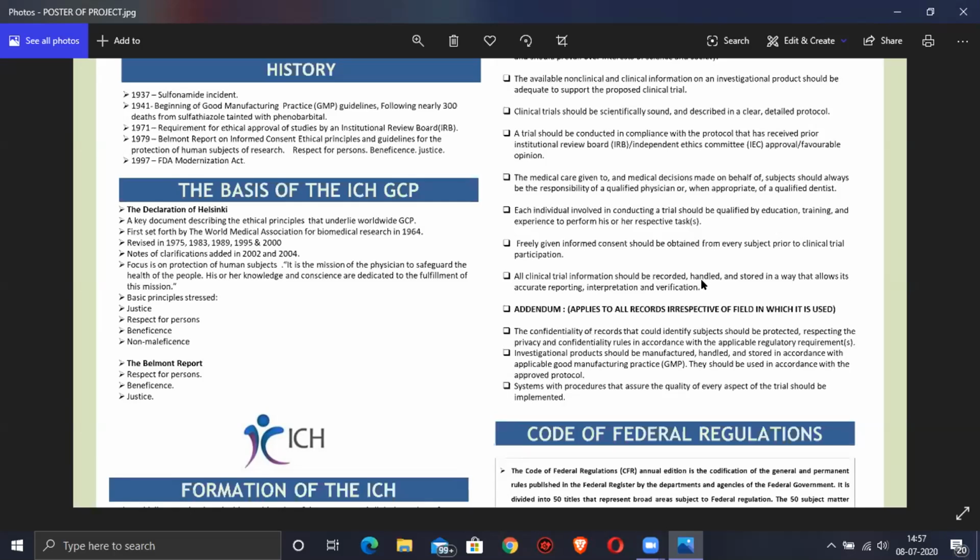So these are only two addendums, not three. The rest of the things are good.